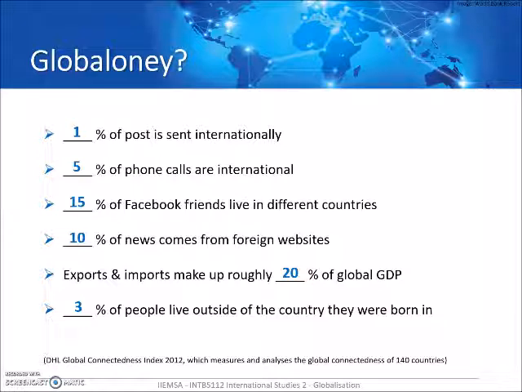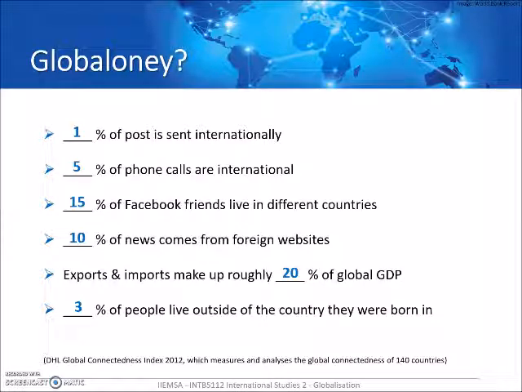Not everything in the world is globalized. Not everybody is globalized. Not every area of this world is as connected as we might think, especially being here in Johannesburg, in such a big city that is very connected with the world. It's easy to think that everybody is globalized and connected, but there are still vast areas of this world in many countries that are not actually as connected as we might think.